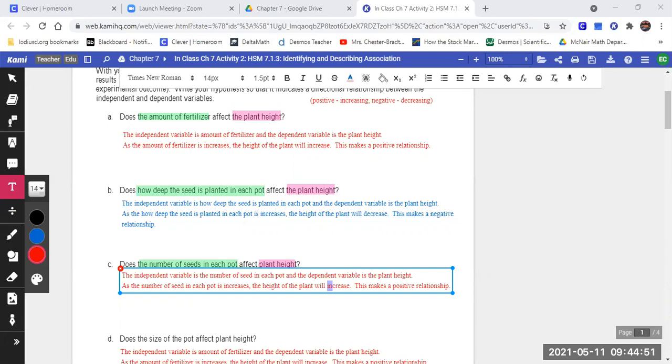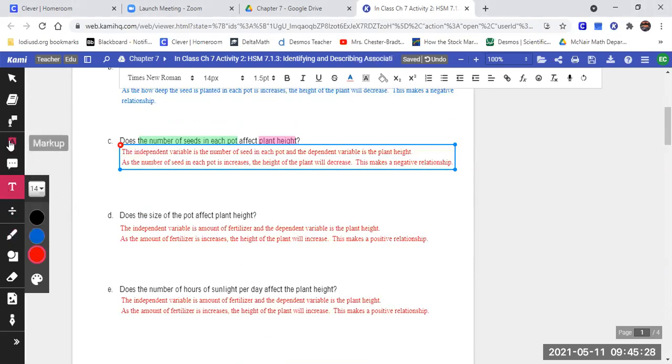Yeah. Okay, so the height of the plant's going to decrease. Okay, so what kind of relationship are we going to say? Are we going to say positive? Negative, because as one goes up, the other comes down.